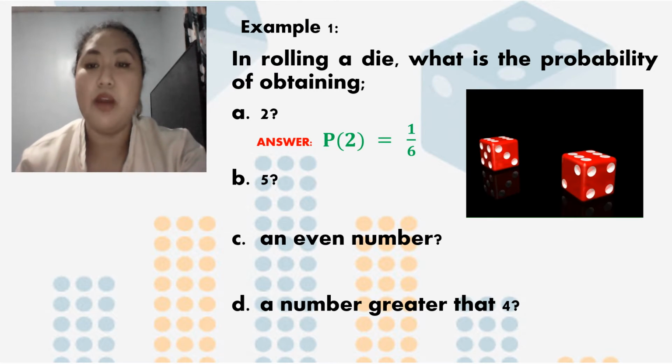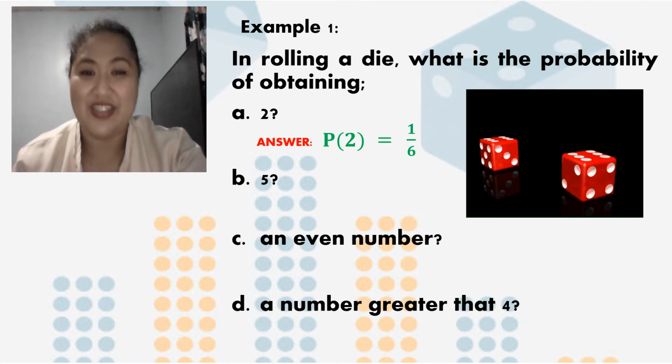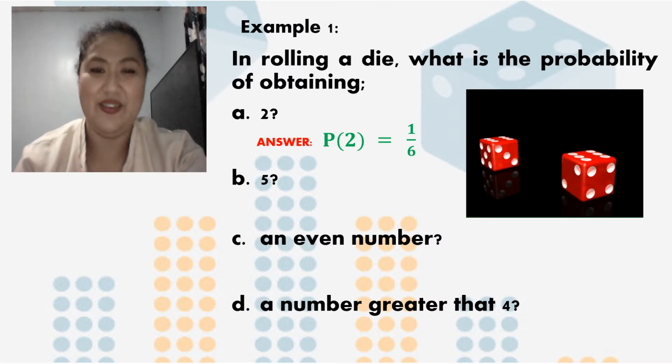So, para ma-roll natin si 2, meron lang tayong isang chance over the 6 outcomes na meron sa ating die. Okay, so probability of obtaining 2 is 1 over 6. Okay, so madali, di ba? So punta tayo sa letter B. What is the probability of obtaining 5?